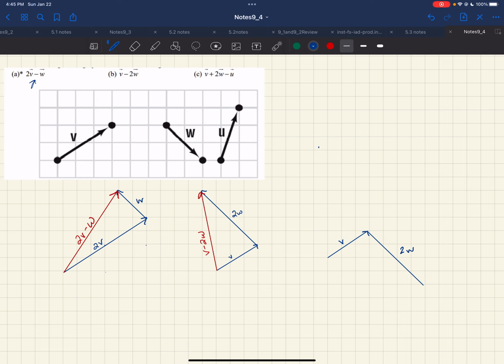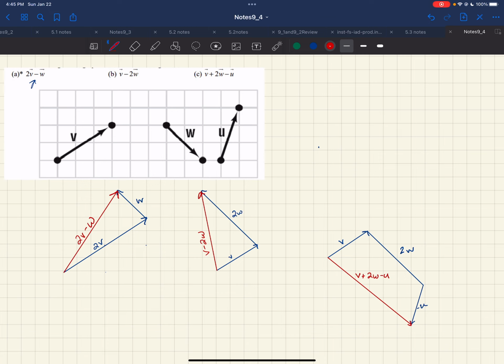And then our u would go over 1, up 3, but because it's minus, it's going to go down 3 over 1. So that's going to look like this right here. So this is u, or negative u, I should say. So then this is what our resulting vector would look like, right? So this is v plus 2w minus u.